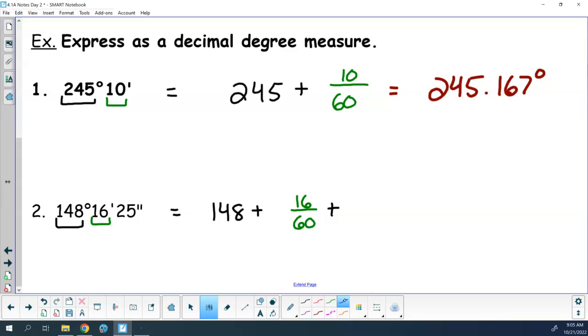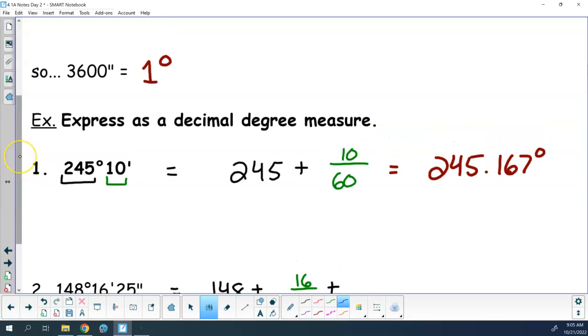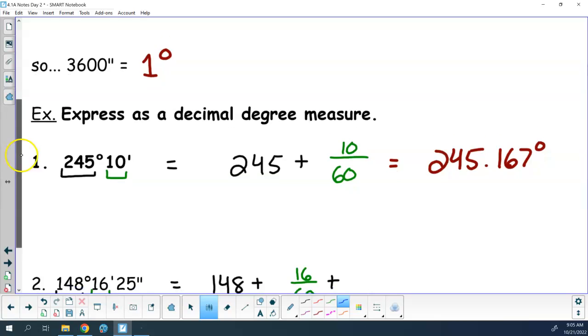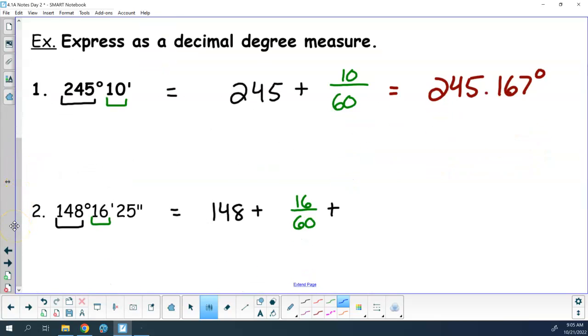3,600. Because way back up here, remember, so now this black 148, that's in degrees. This green 16/60ths, that's in degrees. Remember up here that 3,600 seconds is 1 degree. So if I want to get them into the same units, I would have to add 25 over 3,600. The most common mistake there is just dividing the 25 by 60.